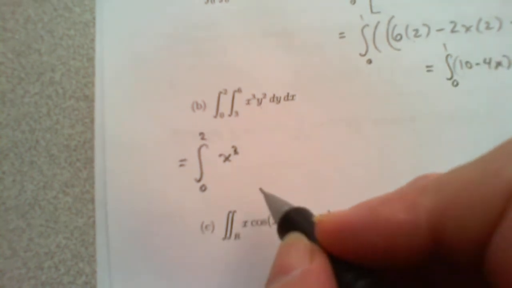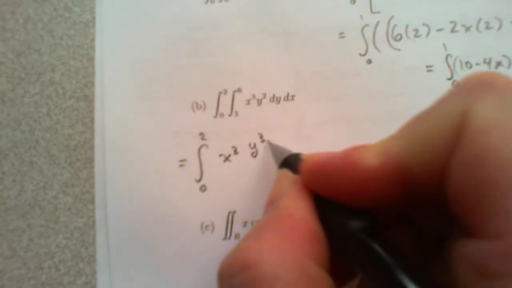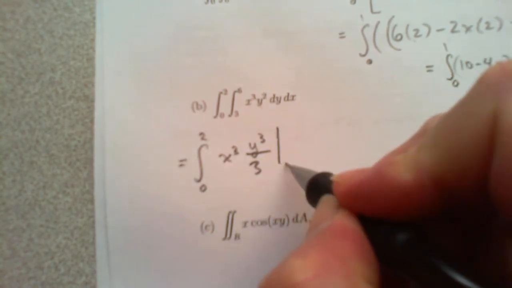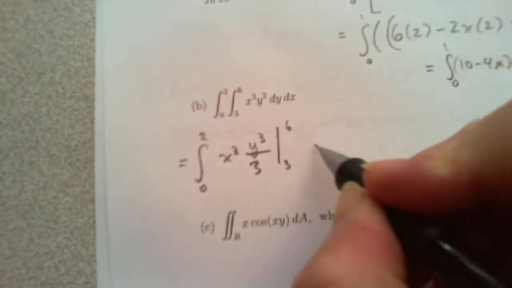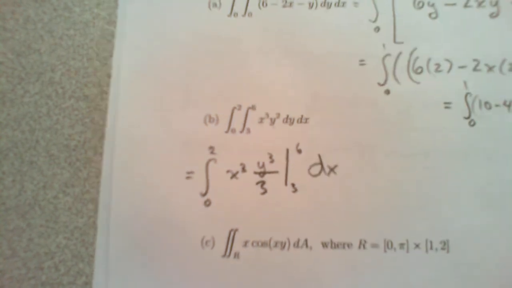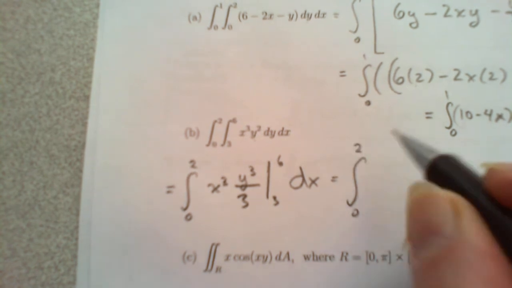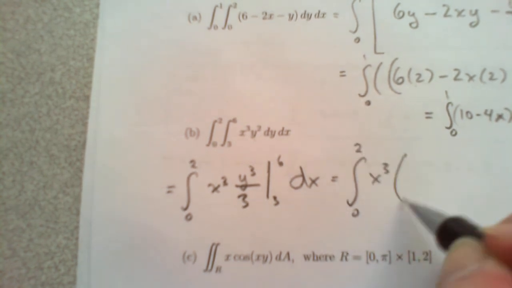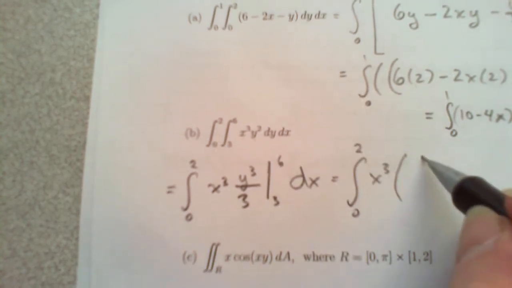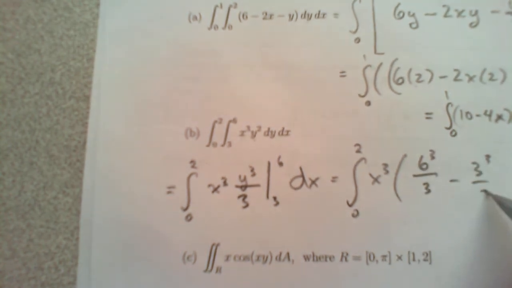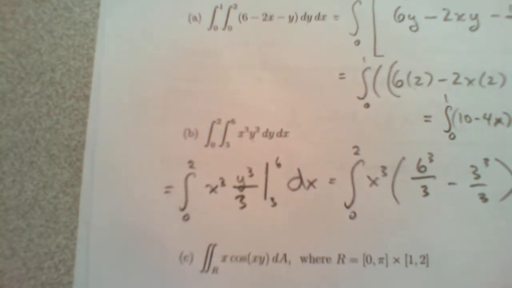The integral with respect to y is y cubed over 3. That has to be evaluated from 3 to 6, and dx is on the outside, 0 to 2. So leaving the x alone, it's now 6 cubed over 3 minus 3 cubed over 3. So just some number, which if you add that up, equals 63.